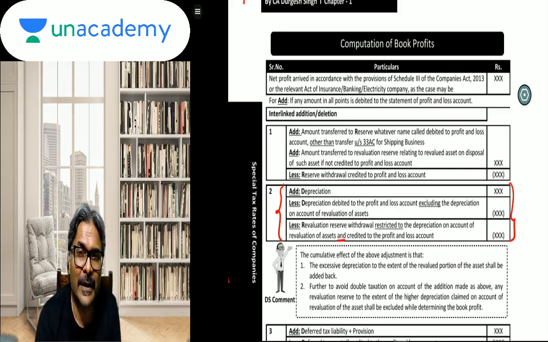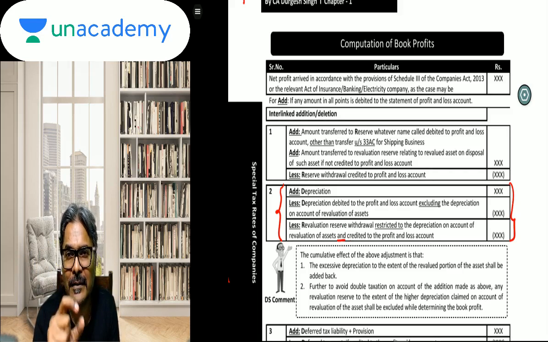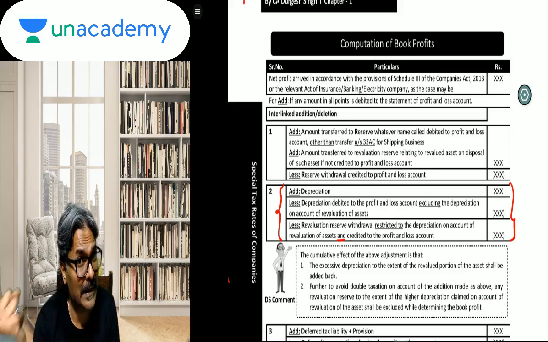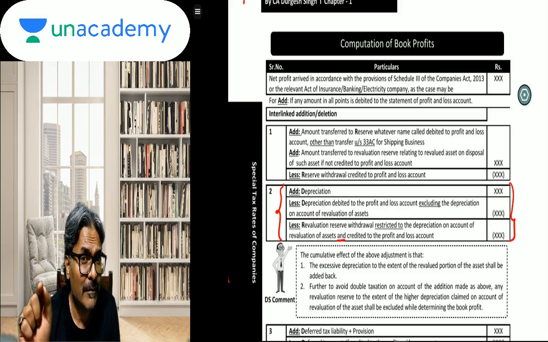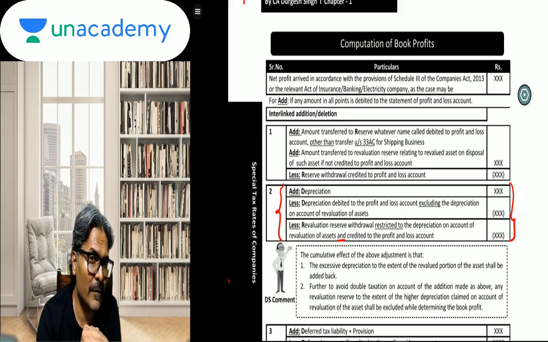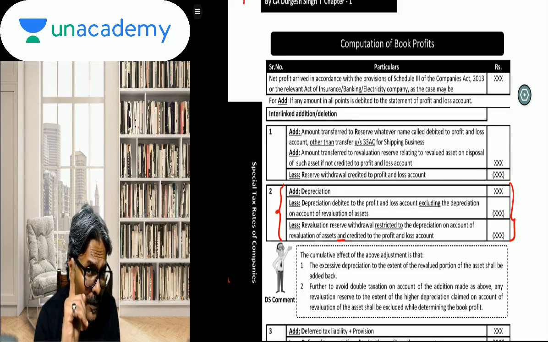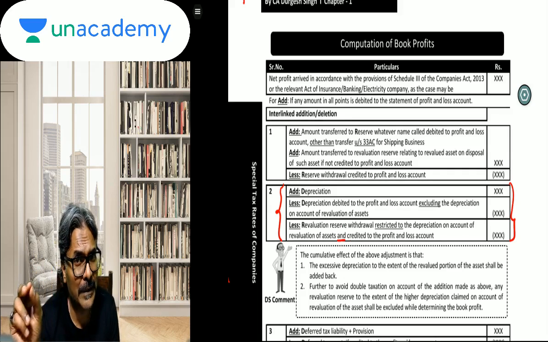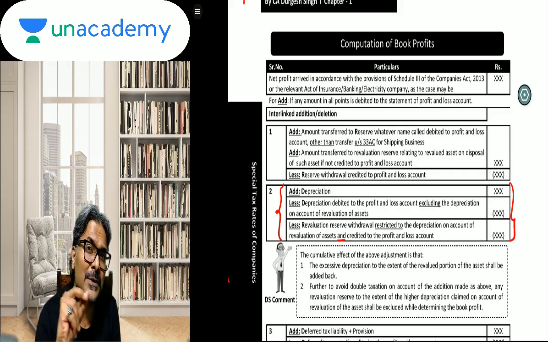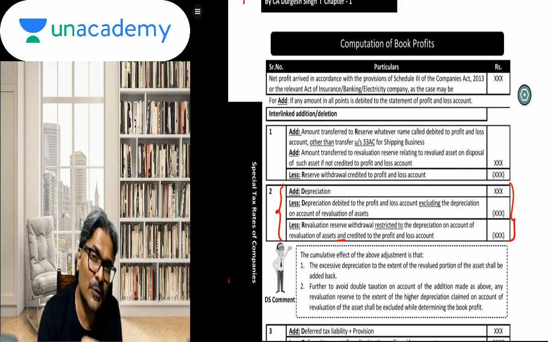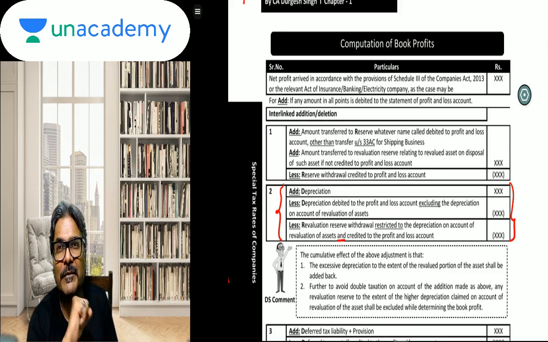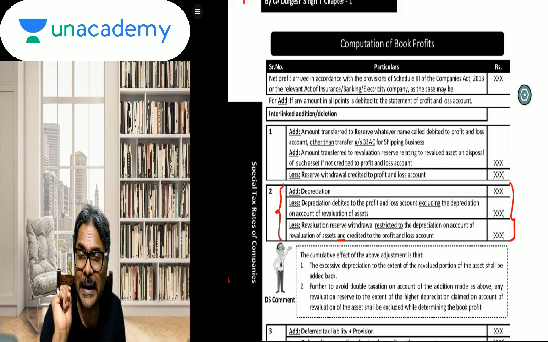And that is the reason why we have selected the net profit as per the Companies Act as the base amount. And we will see whether this net profit is a fair net profit, or whether an attempt has been made on the part of such companies to artificially reduce the net profit, so as to finally reduce the book profit and eventually reduce the MAT liability.